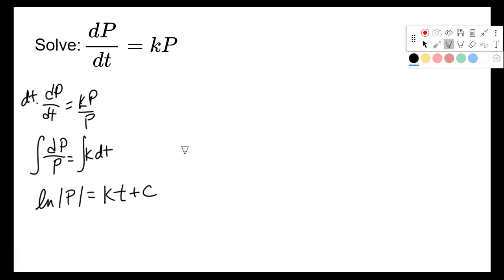Now, our goal is to solve this for p. So to solve for p, we are going to exponentiate on both sides. We get the absolute value of p is equal to e to the kt plus c. We're still trying to solve for p. This doesn't say p. It says the absolute value of p. So we're going to have to use that definition of absolute value that we know so well.